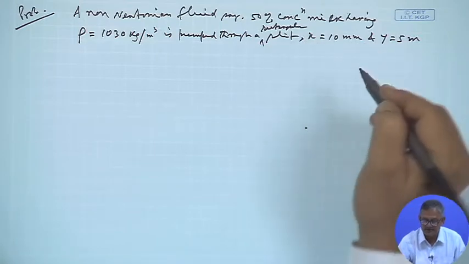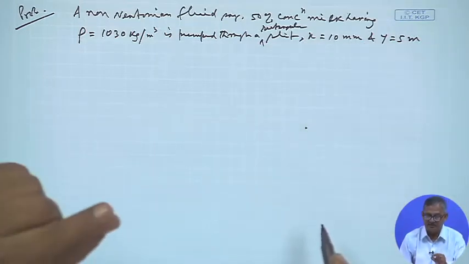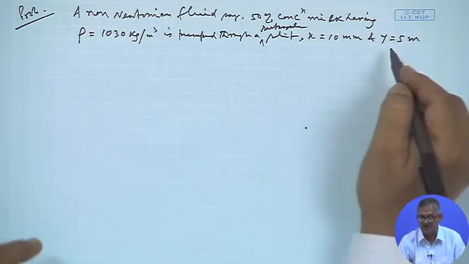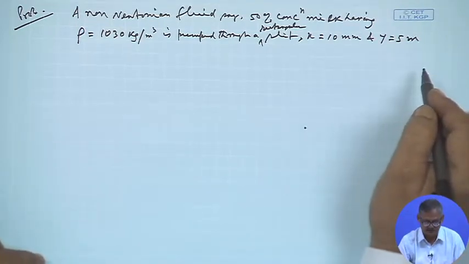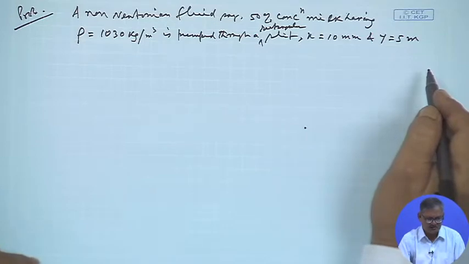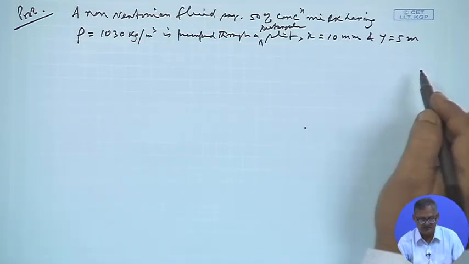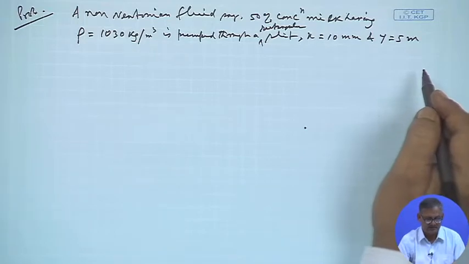That slit, x is 10 millimeter, that is the width, and the other is 5 meter, and the rest of the things are like this.